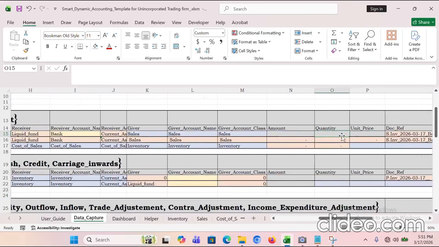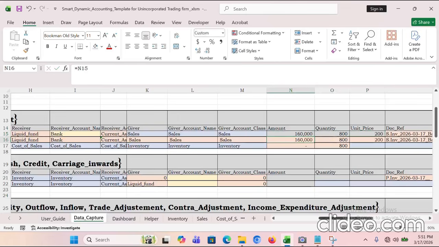And let's assume we made this sales of, let's say, 800 units at a selling price of 200. Total will be 160,000.